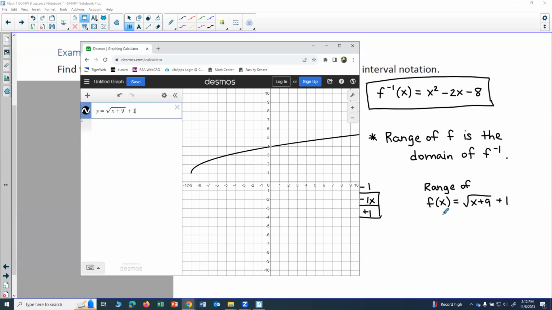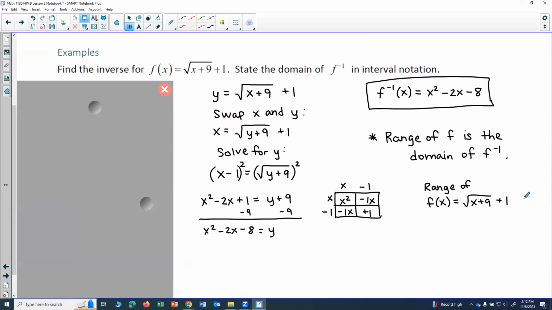So this would be a bracket, 1 is included, so it's going to be 1 to infinity. So the domain of f inverse x is x goes from 1 to infinity.